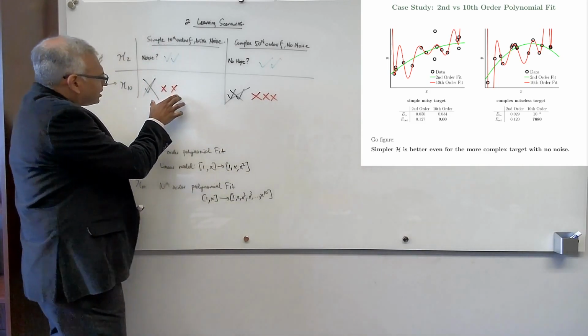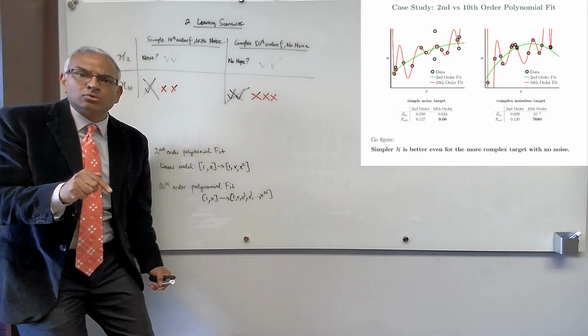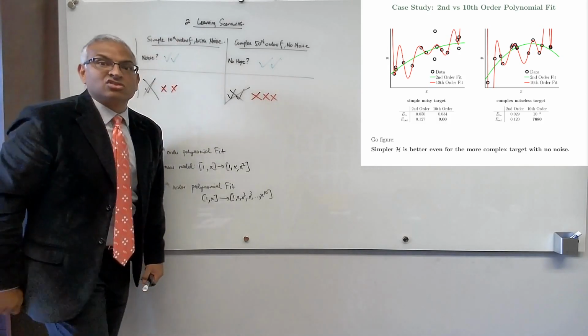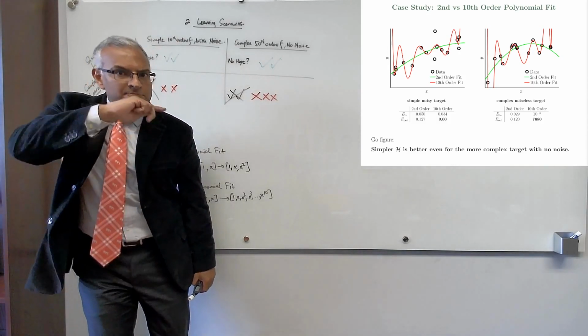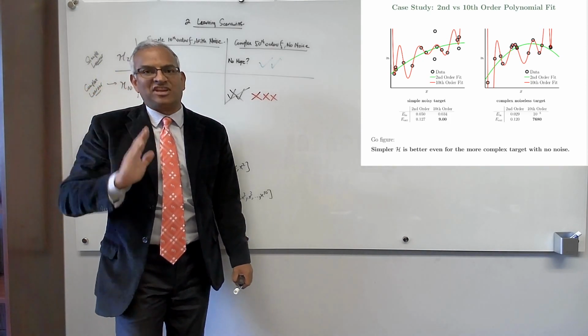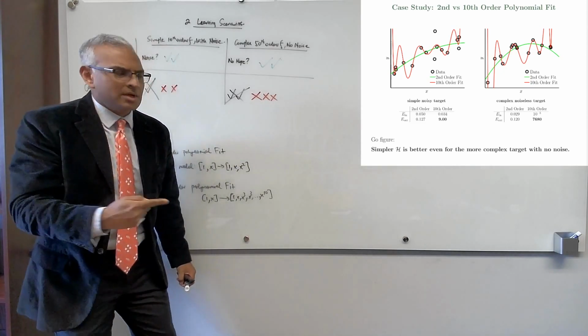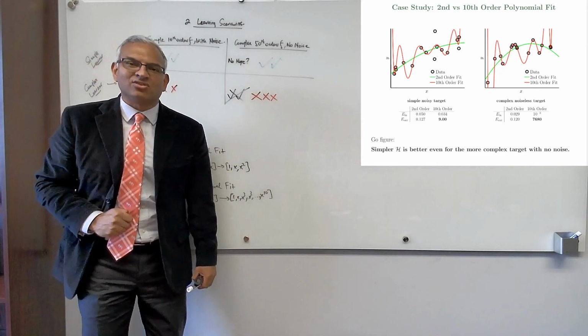What's going on here is that even though you know that the target function is 10th order, it is possible for the 10th order fit to overfit. The 10th order polynomial fit can overfit, even though you know the target function is 10th order.